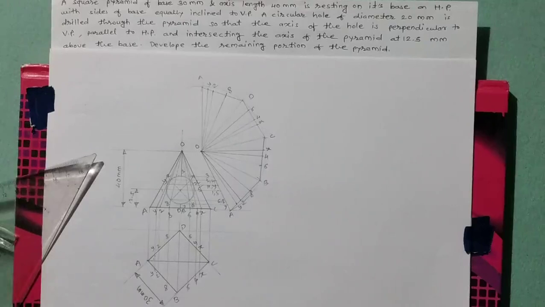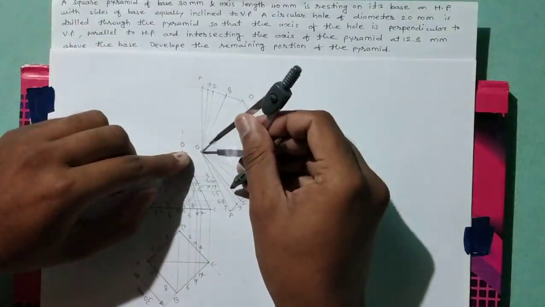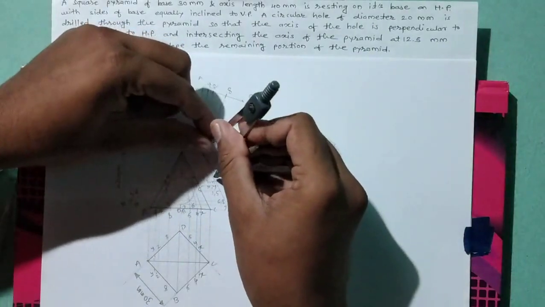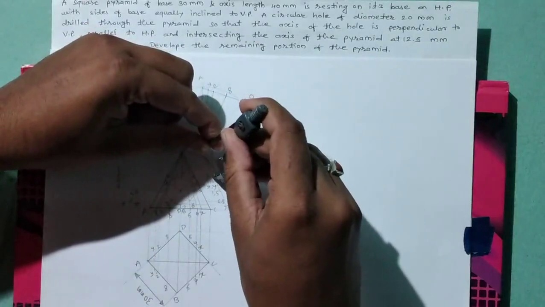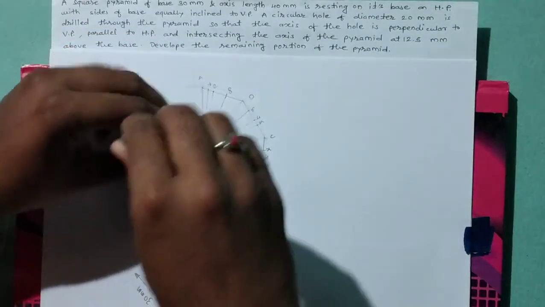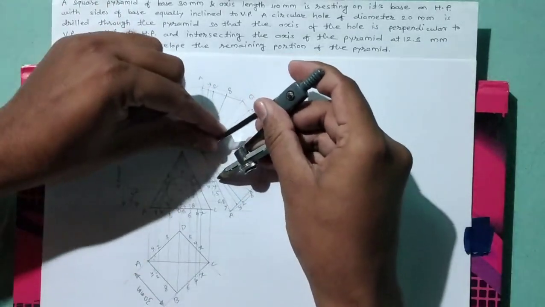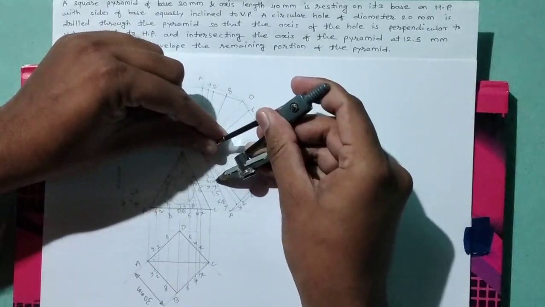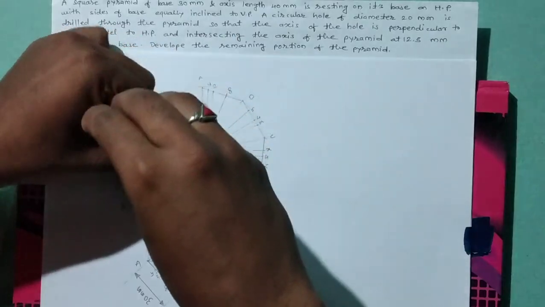Now the next step is to draw the arc with center O from all these points. First take the arc distance from O to this point 3 and complete this arc. After that, take the arc distance from O to point 2 4 and complete this arc.